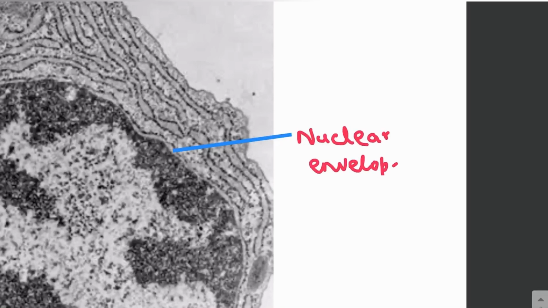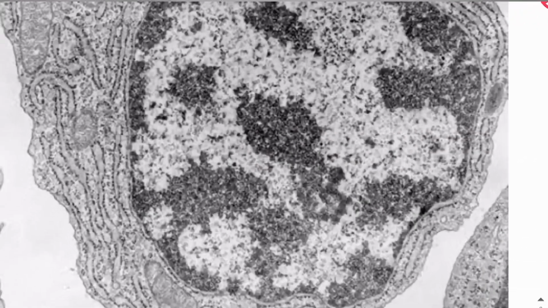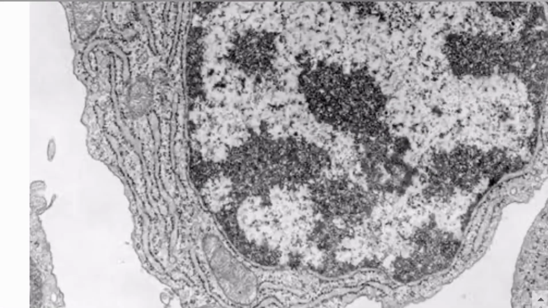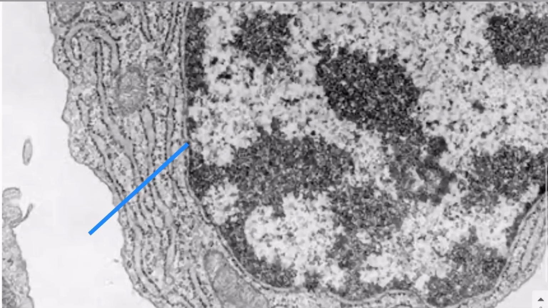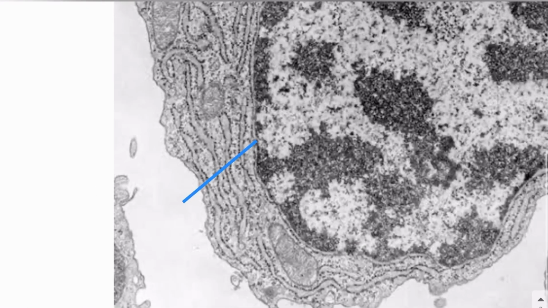And we also know that there are pores, or holes, in the nuclear envelope. So over here we can see that there's a hole or pore in the nuclear envelope. This is the nuclear envelope, which is a double membrane, and it's coming like this. So there's a break or a pore in the nuclear membrane, which can be labeled as nuclear pore.